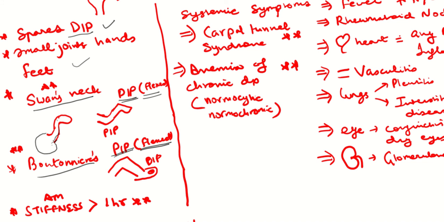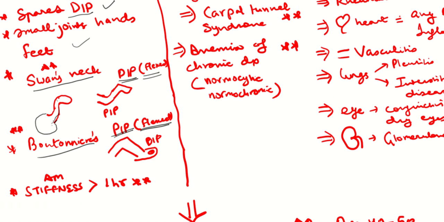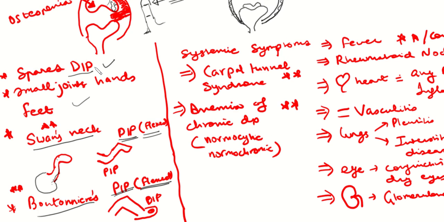Okay? And those two are what I call important. The other thing that's really important is AM stiffness or morning stiffness greater than 1 hour. So you'll see in questions, you'll see swan necks, boutonnieres, and you'll see sparing of DIP.